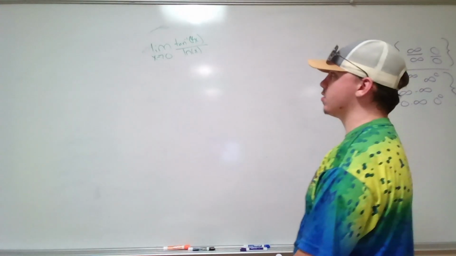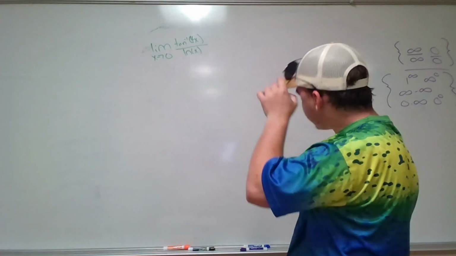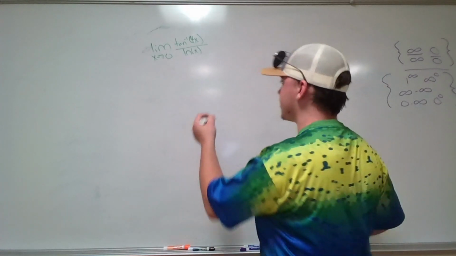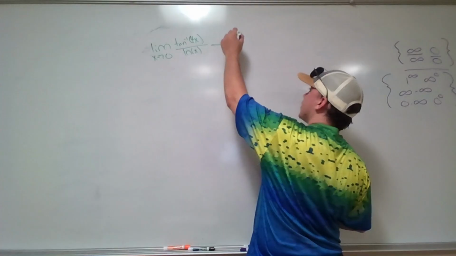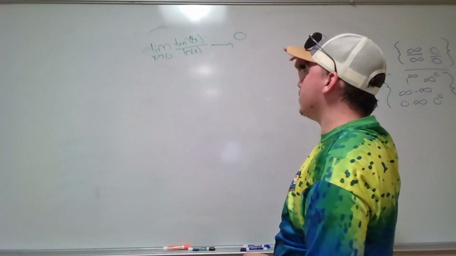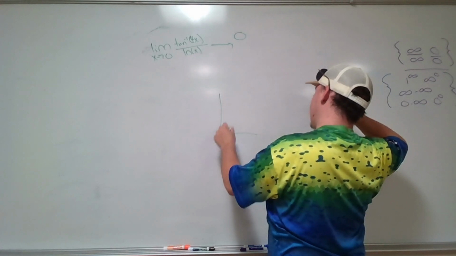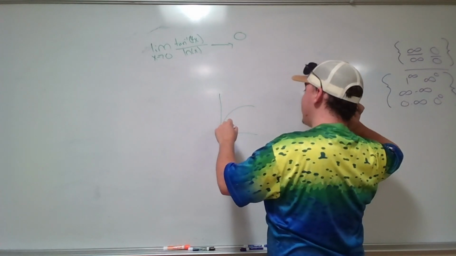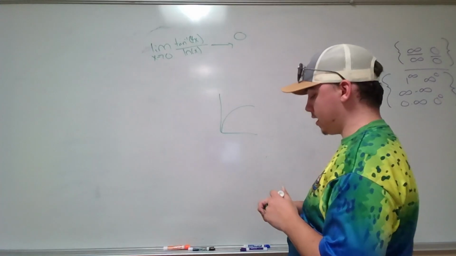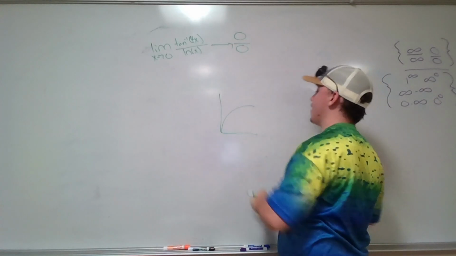So on top we have a limit that approaches 0, and on the bottom, ln x has the parent function that looks like this, where it can get infinitely small, which means it is also going to approach 0, so we have an indeterminate form.